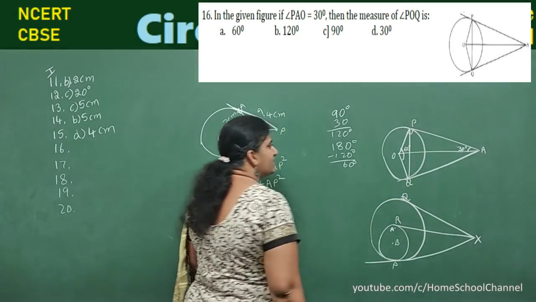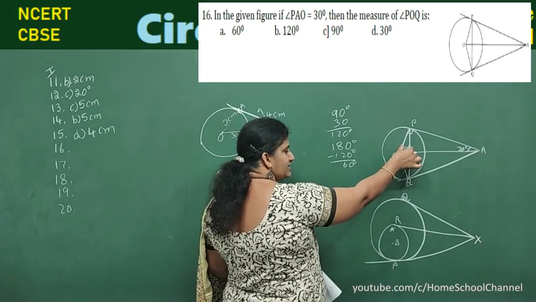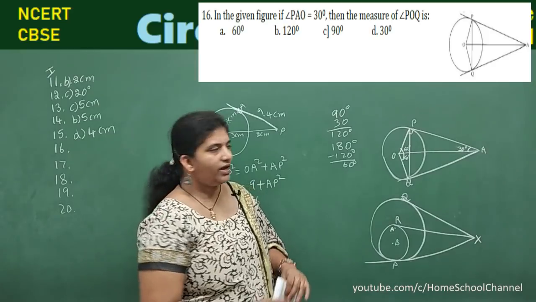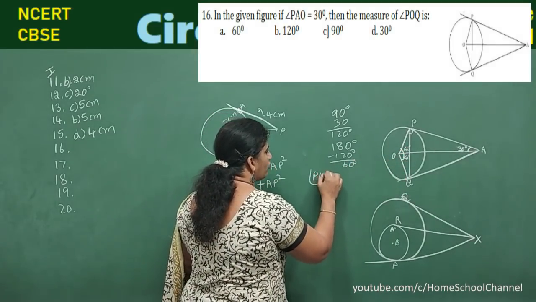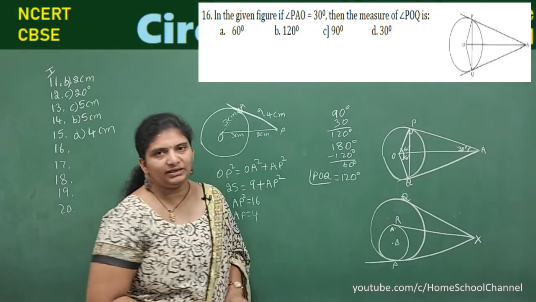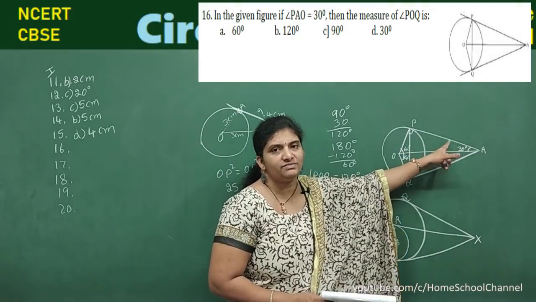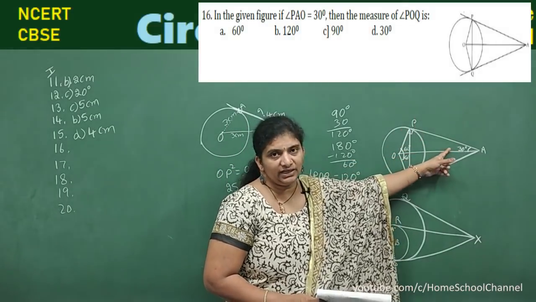By theorem I can say it subtends equal angle. Only this angle is 60, then this also will be 60 degree. Okay, 60 plus 60. Therefore, angle POQ is equal to 120 degree. Okay, only this angle given. By theorem statement I say this is 90 plus 30, 120.